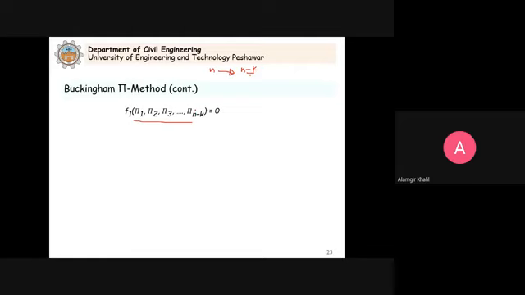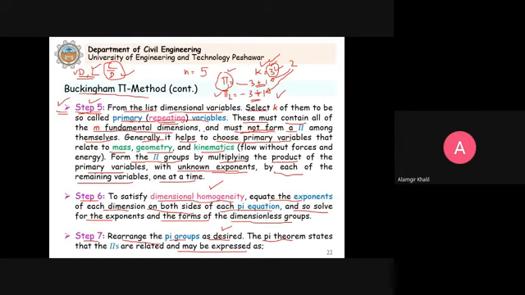And the theorem says it can be written in this fashion: pi 1 as a function of the others, or you can write pi 2 as a function of the others, or pi 3 as a function of the others. This we can manipulate. That's why it is written: rearrange the pi groups as desired, because we want to get the required result.